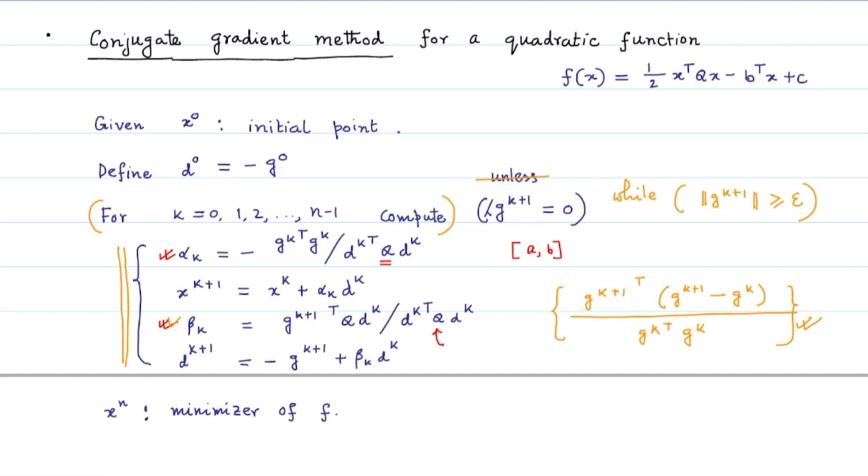And as the algorithm progresses, the Q-conjugacy of all the directions computed inside this while loop for a non-quadratic function will tend to deteriorate, and thus a common practice is to reinitialize the direction vector to the negative gradient after every few iterations, maybe after n or n plus 2 or 2n iterations.